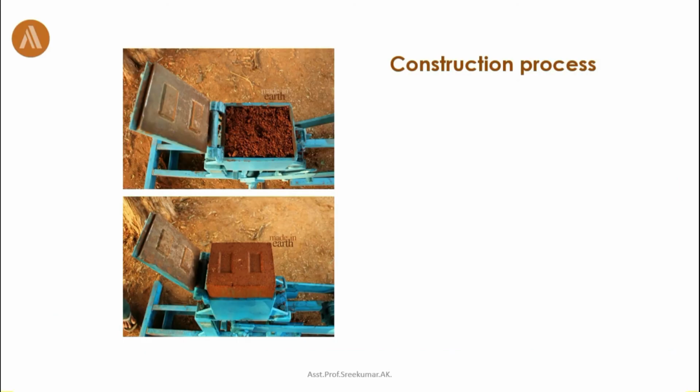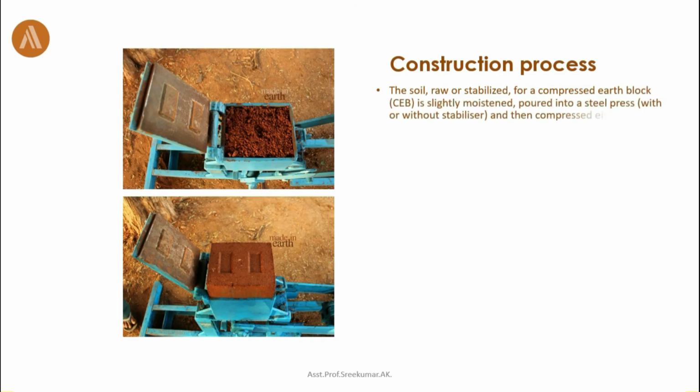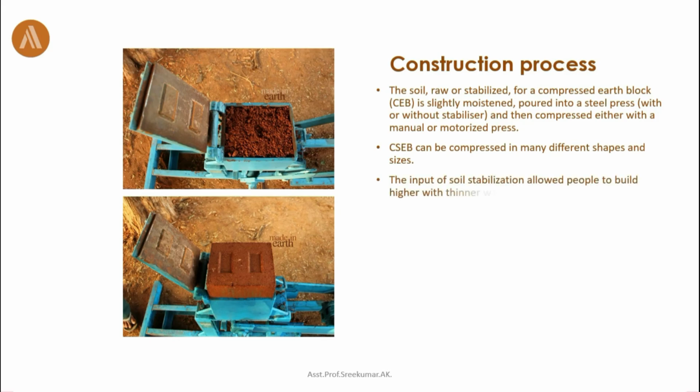Now just look at the construction process of CSEB. The soil, raw or stabilized, is slightly moistened and poured into a steel press and then compressed either with a manual or motorized press. CSEB can be compressed in many different shapes and sizes. The input of soil stabilization allowed people to build higher with thinner walls, which have a much better compressive strength and water resistance.